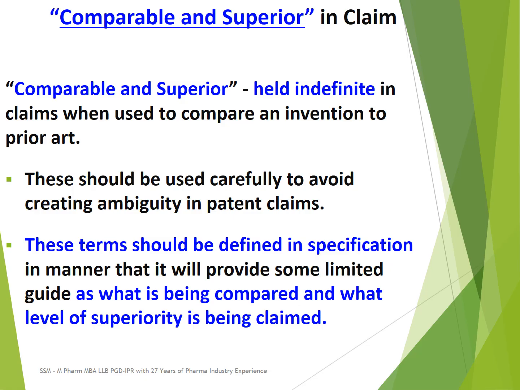Whatever term you are using in the claim, you should clearly define the meaning of those terms in the specification and description section. You need not define the meaning of these terms in the claims, but you need to define the meaning of all these terms in the specification or description part of the patent document.